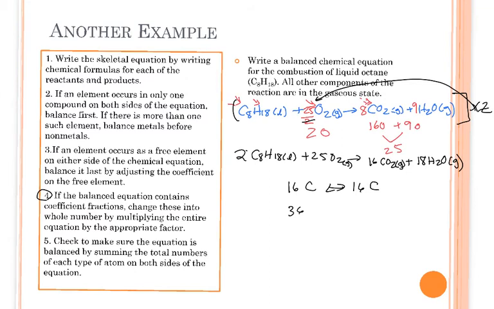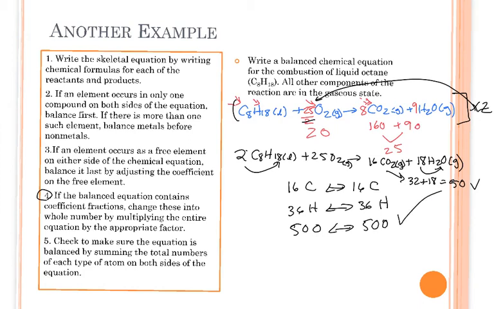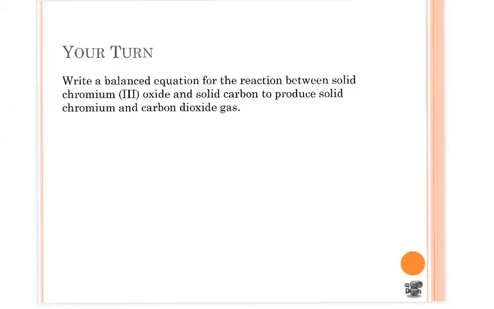I have 36 hydrogens on the left here, and then I have 36 hydrogens on the right, and I have 50 oxygens on the left, and I have here 32 oxygens on this side, and I have 18 here, and that ends up being 50. So that's 50 oxygens, and I'm all balanced. All right, go ahead and give this a try.